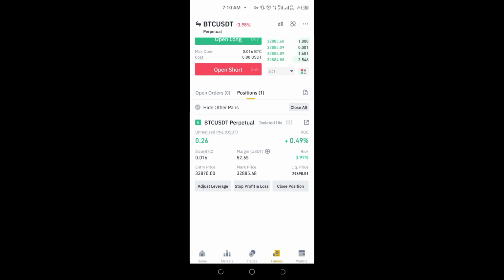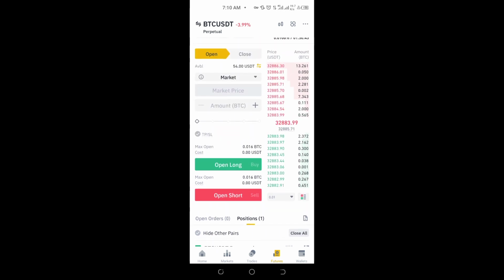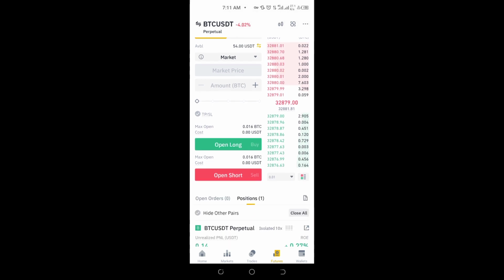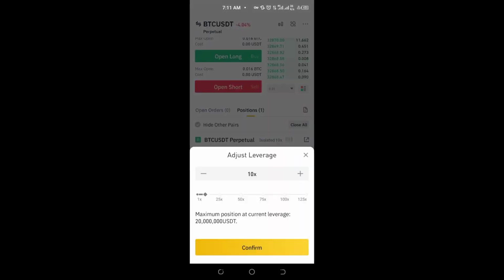But if we had been trading on cross, we would have exhausted this $52.65, and the balance in our account would have also been involved. So that is why it's good to trade on isolated. Another thing is that since we cannot keep observing our trade manually, you can actually adjust the leverage here.